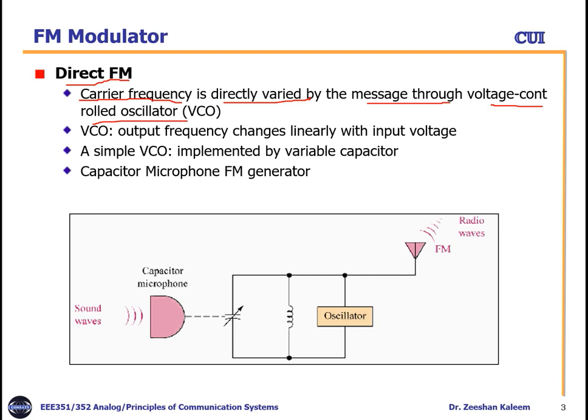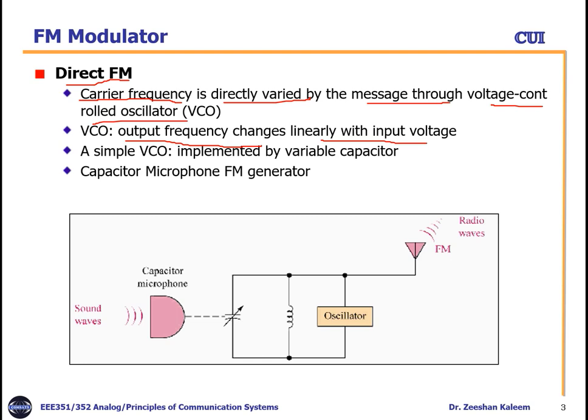Oscillation in other terms is a frequency. So the VCO output frequency changes linearly with the input voltage. When the input voltage varies, then in linear proportion, the output frequency also varies.